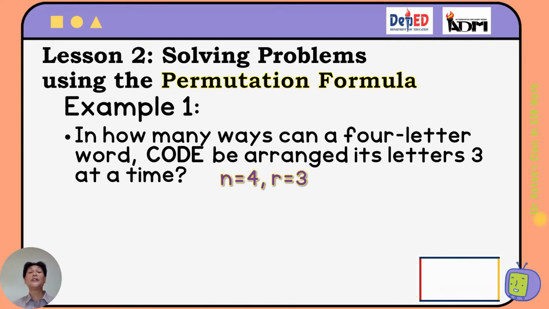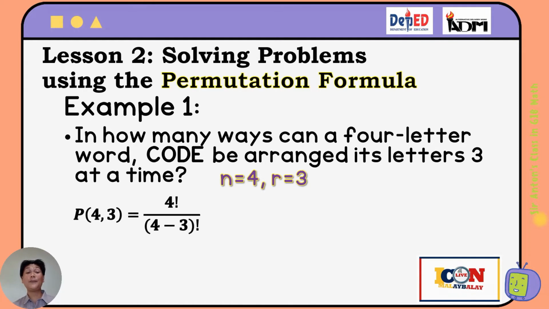So, let's substitute these givens into our equation: the permutation of 4 objects taken 3 at a time is equal to 4 factorial, which is n, over the quantity of 4 minus 3, for n minus r, factorial.